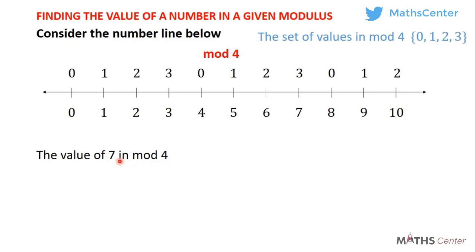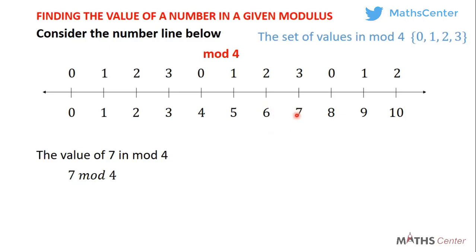The value of 7 in mode 4 is written as 7 mode 4. As I said previously, to find the value of 7 in mode 4, we will list the set of numbers in mode 4 alongside the set of whole numbers. Then we will pick the value that corresponds to 7.